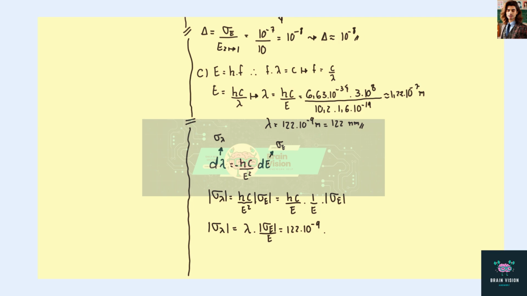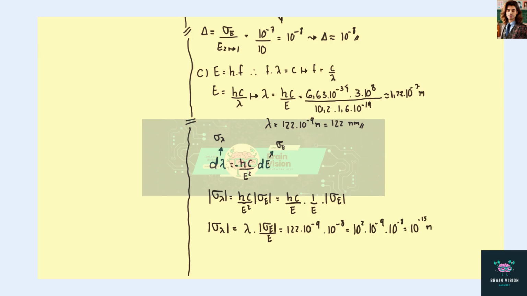So we have this times 10 to the minus 8, which can be approximated to 10 squared times 10 to the minus 9 times 10 to the minus 8, which is equal to 10 to the minus 15 meters.